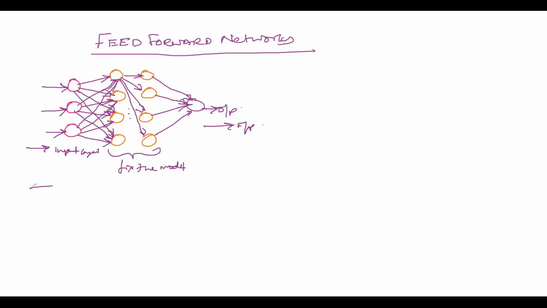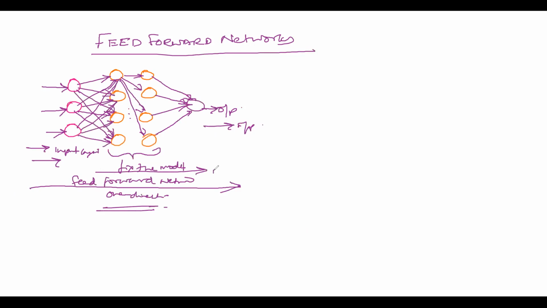The flow is in one direction, so it is known as a feed forward network. Why? I'm feeding it here, then moving forward. What is happening in the hidden layers is not our botheration. We have to tune it and fix it so that we arrive at a desired output.